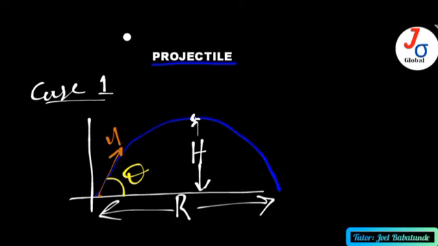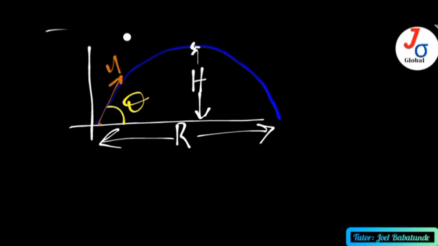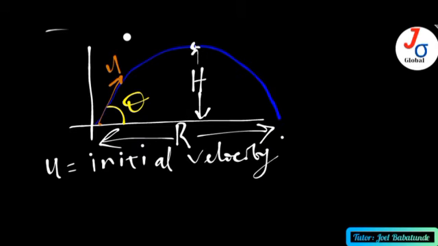So when the object is projected from the ground level and it goes back to the ground level, this is case 1. Let me list out the meaning of these parameters. u is the initial velocity or initial speed, as the case may be.